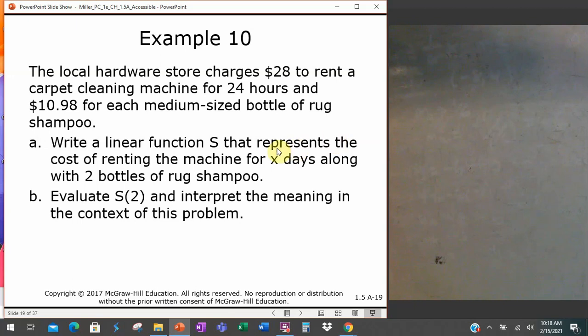Okay, so we're going to do this. This is x days. Okay, so we got that. And then here's what we're going to do. The local hardware store charges $28 to rent a carpet cleaning machine for 24 hours.